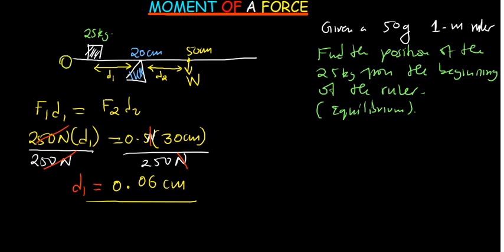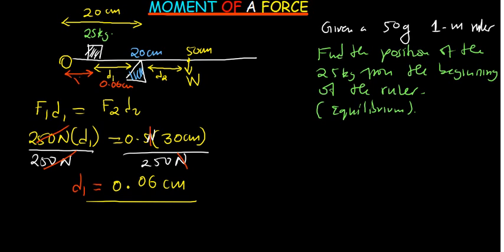If we know the distance from the beginning up to the pivot, this is 20 centimeters. And then we've also found the distance from the object to the pivot, that is 0.06 centimeters. Now we want to find the distance from the beginning of the ruler to where the object is.